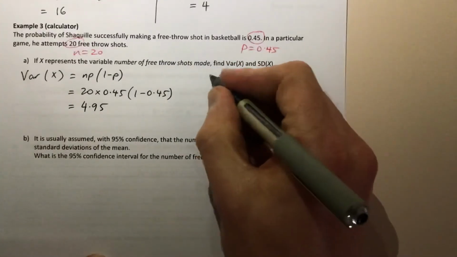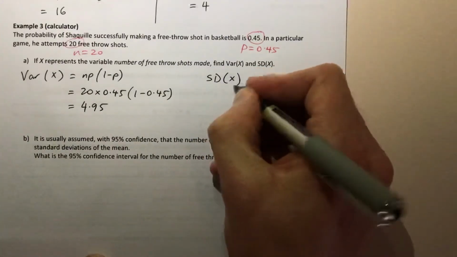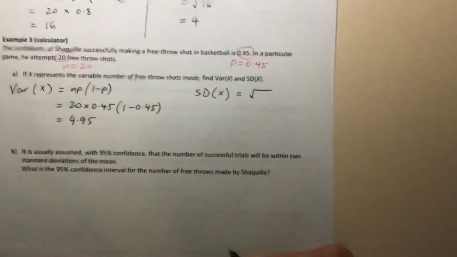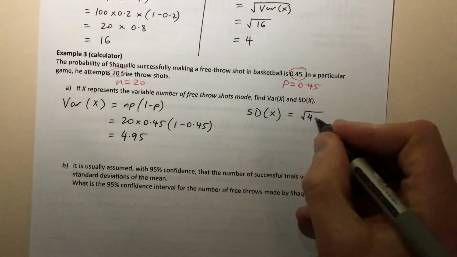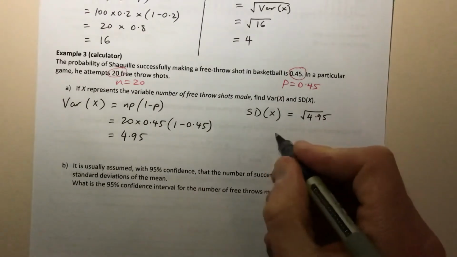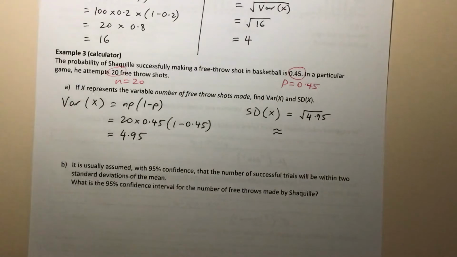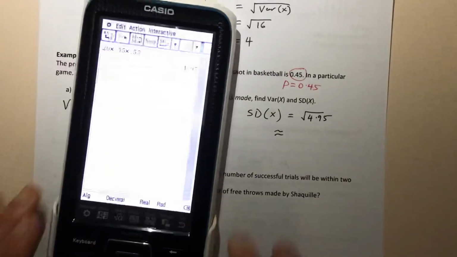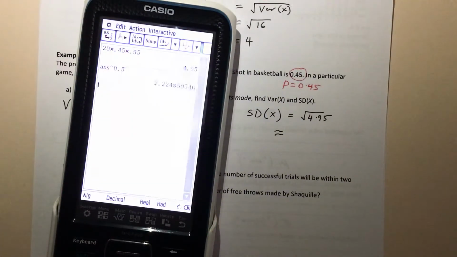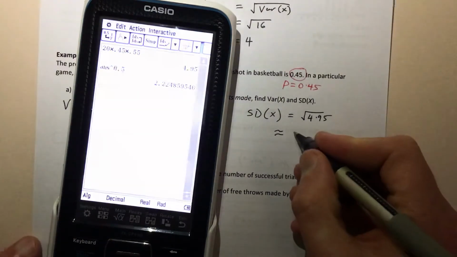And then, of course, the standard deviation of X will just equal the square root of that answer. So the square root of 4.95, which is approximately equal to 2.225, let's say.